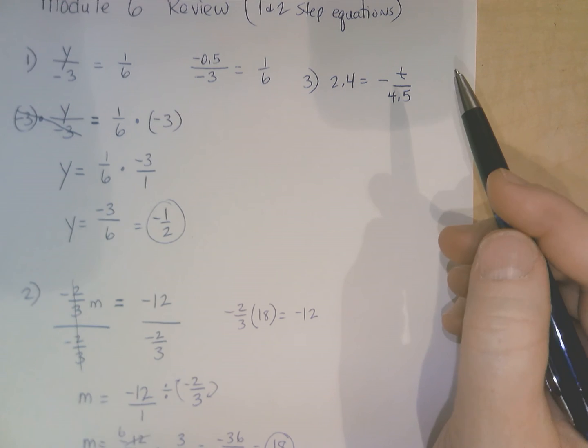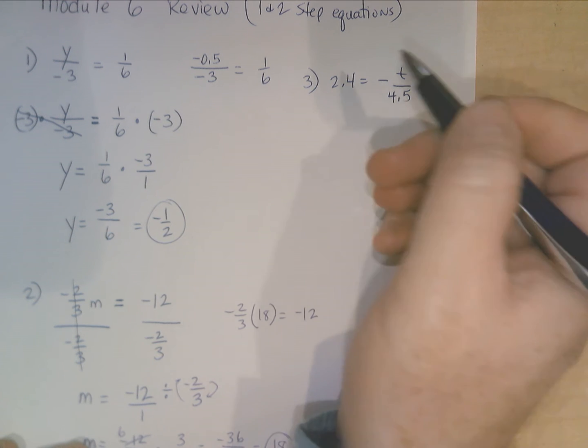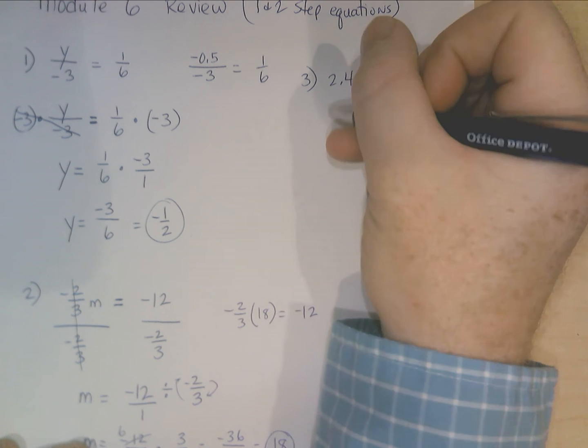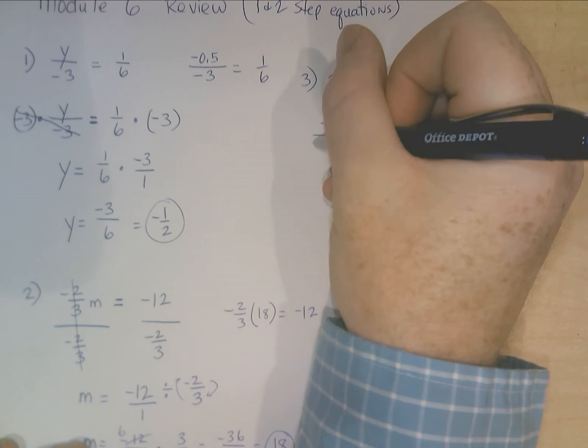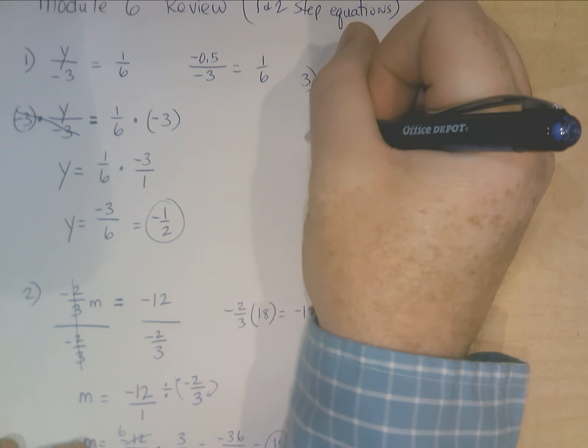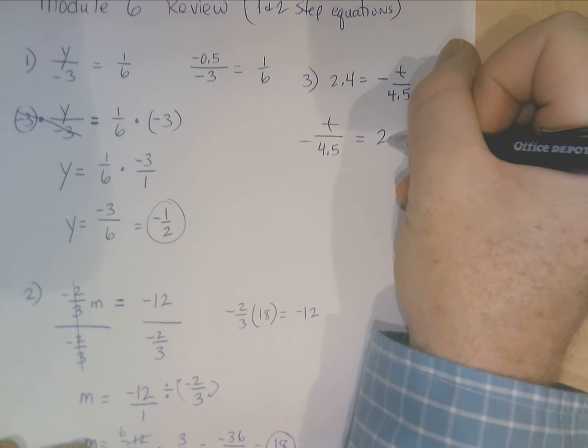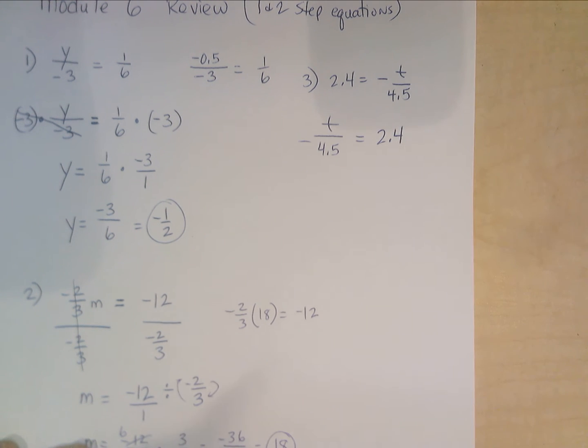Typically they're flipped, so if you want to switch it back, you can. Put t over here and negative 4.5 down below on the left, set equal to 2.4. That works just fine.